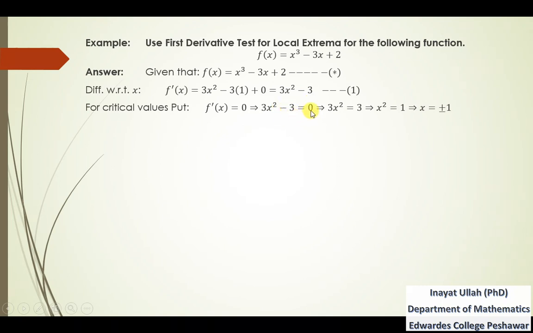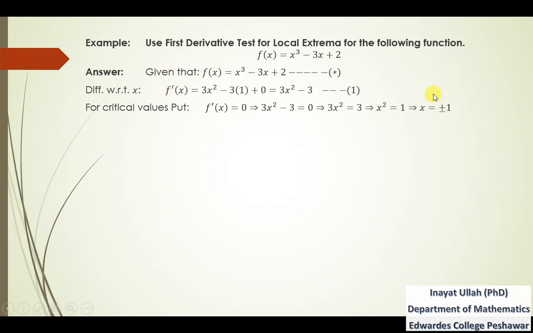Convert this 3 towards that side. We will be getting 3x square is equal to 3, dividing by 3 to get x square is equal to 1, and taking square root to get x equal to plus minus 1. So plus minus 1 are two critical values of this function.